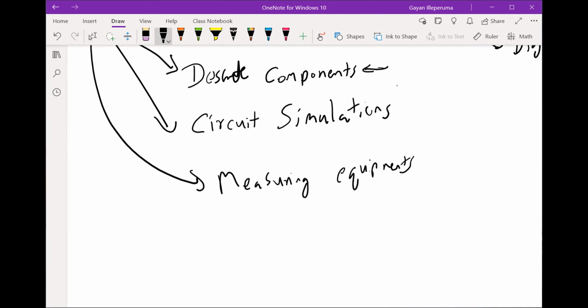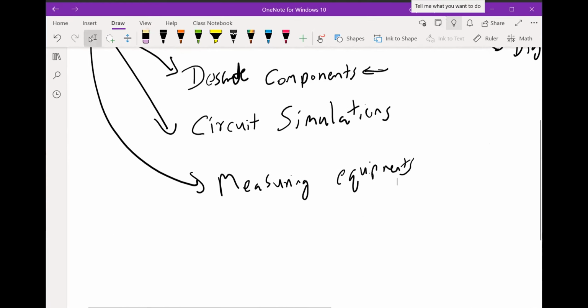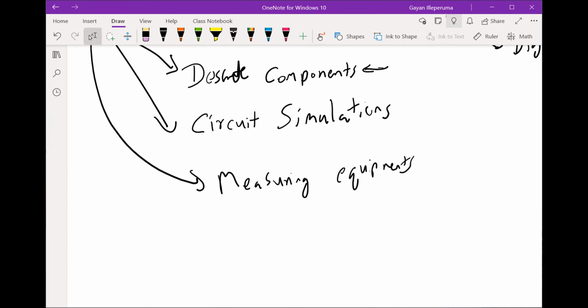Once you build a circuit, there's no guarantee that it will work forever, or that it will work at the very first try. At that time, you have to find out why it is not working, whether it is a dry joint, whether a certain component has failed, whether a certain PCB track has broken. Then for that, we need some kind of device.